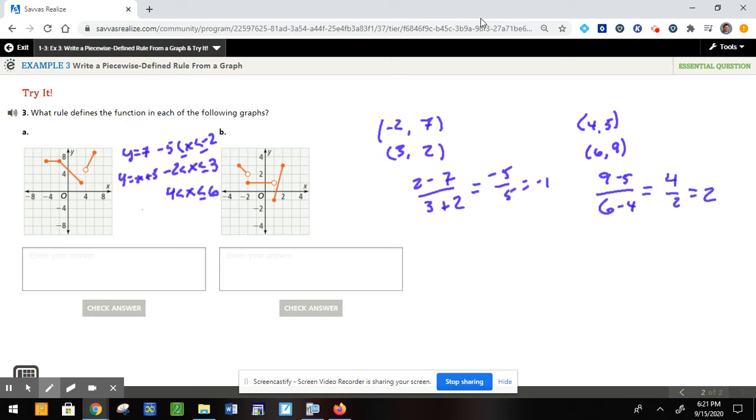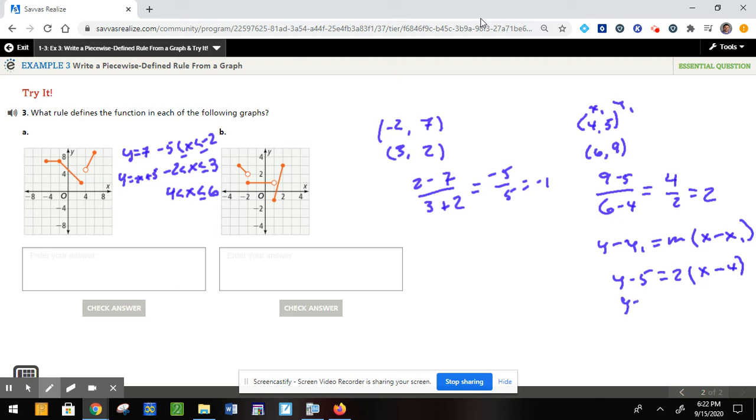All right, so it's a slope of 2. We don't have a y-intercept. So I guess the best way to do it would be to use point slope form, right? So if this is my x1, and this is my y1, I'm going to do y minus y1 is equal to m times x minus x1. So y1 is 5, so y minus 5 is equal to 2 times x minus 4.